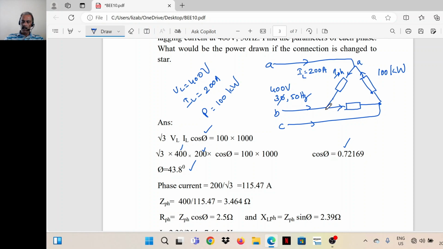This is terminal A, B, C. So IAB, which is the current flowing here, IBC, this is IBC, then this is ICA.